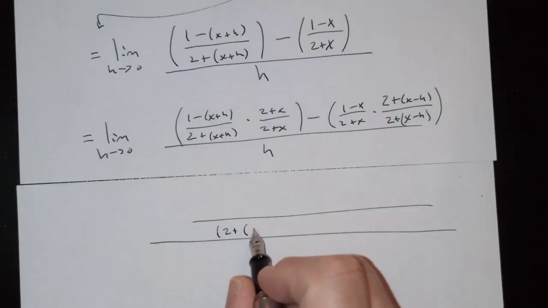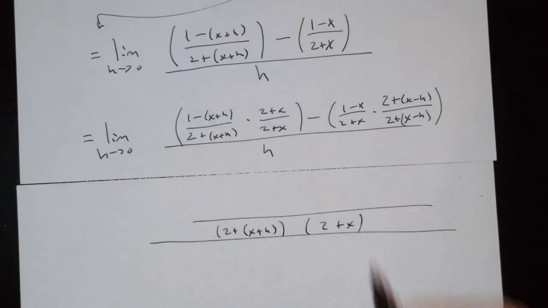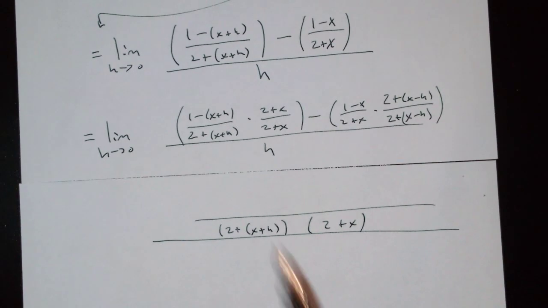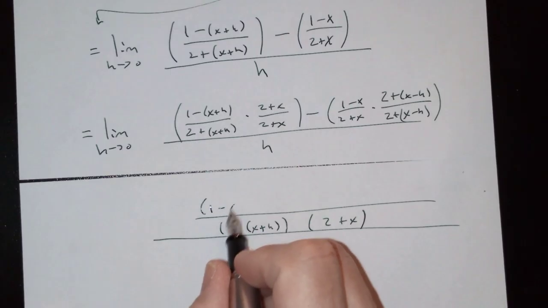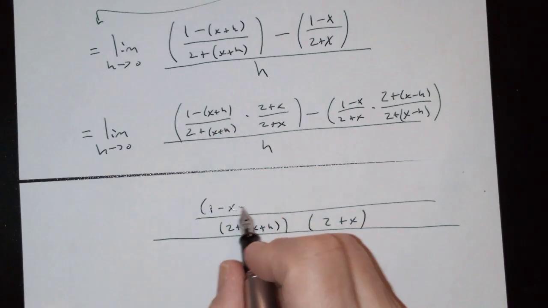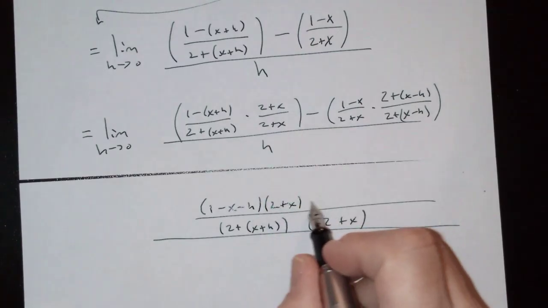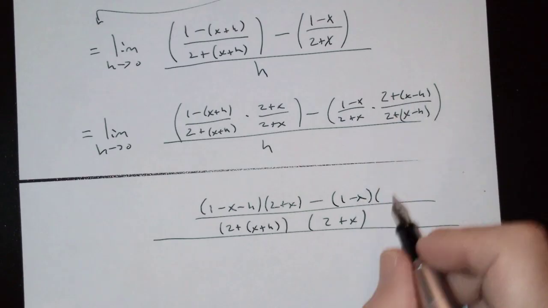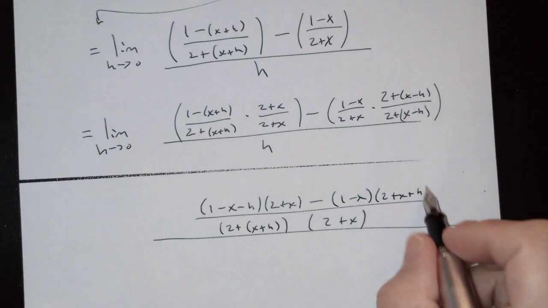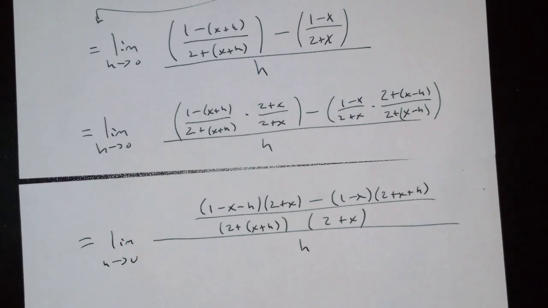So I'm going to get (2 plus x plus h) times (2 plus x) on the bottom. Up here, I'm going to get 1 minus x, and I'm going to multiply this out, minus h times 2 plus x, minus 1 minus x times 2 plus x plus h. That's all over an h, and there's still this limit as h goes to 0 in front.